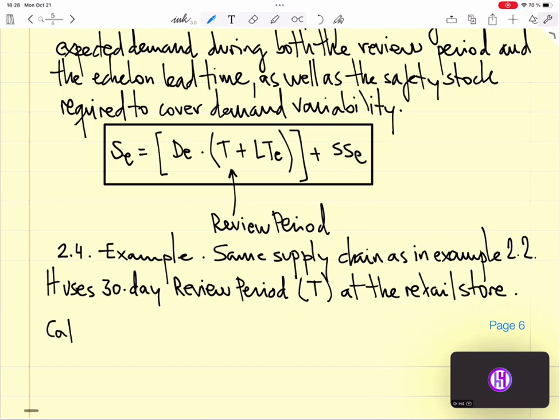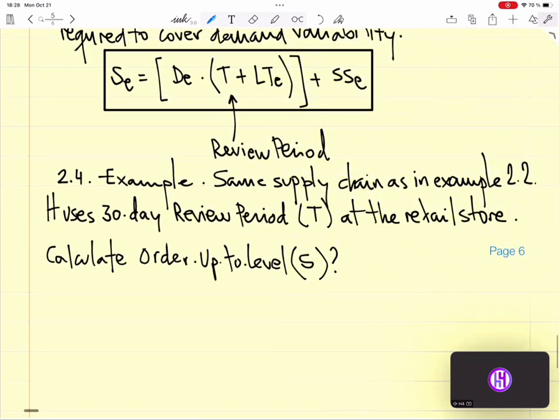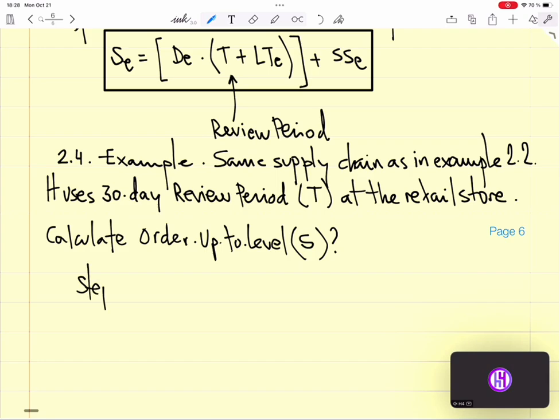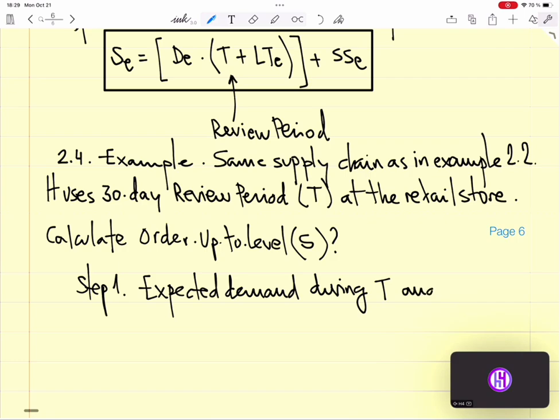Calculate the order-up-to level S. So step one is to calculate the expected demand during the review period T and lead time E.